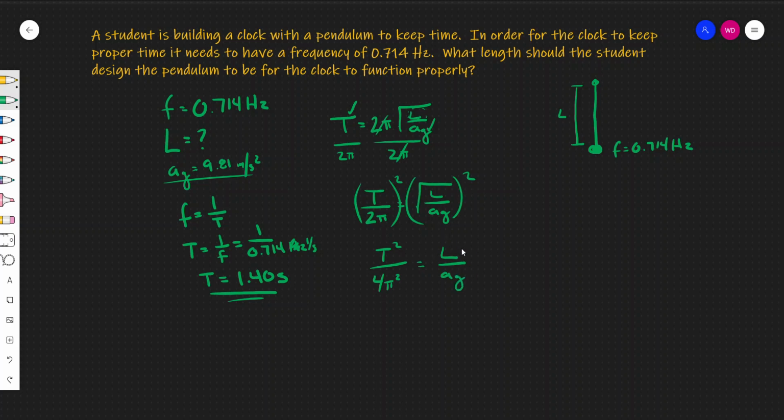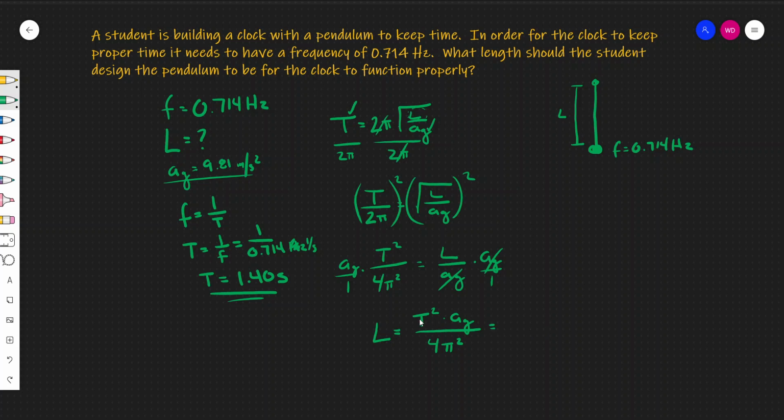Look, L is on the top of our fraction this time, so I don't have to do a whole bunch of extra work. I can just multiply both sides by a sub g over 1, so that's gone. And so I'm left with the length of a pendulum is equal to its period squared times the acceleration due to gravity divided by 4 pi squared.